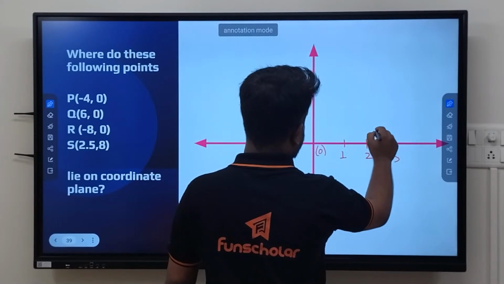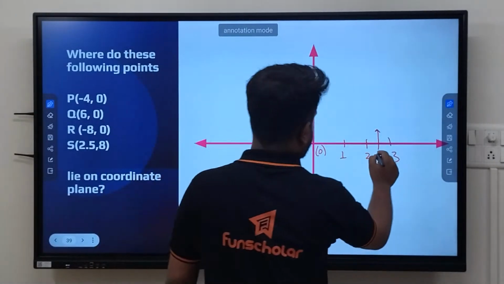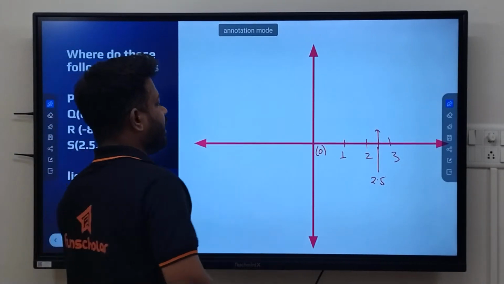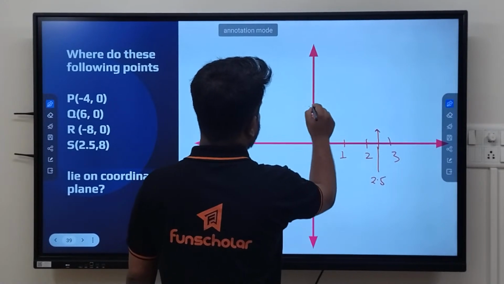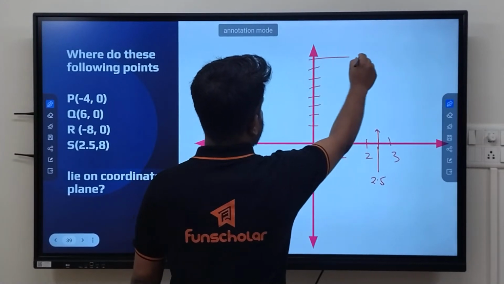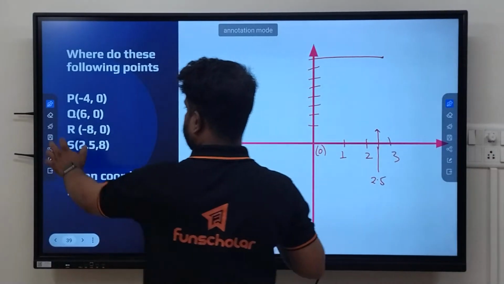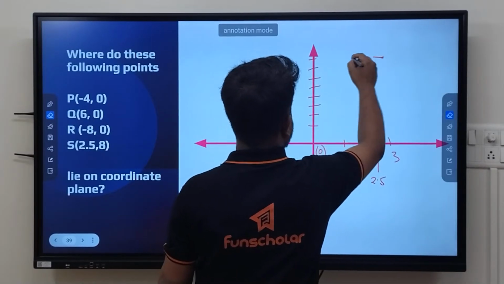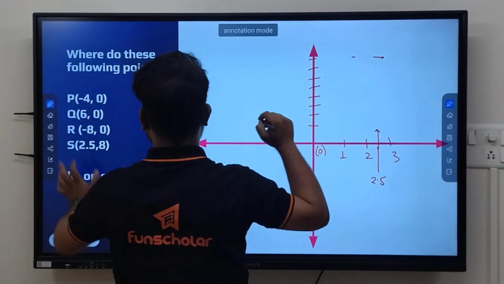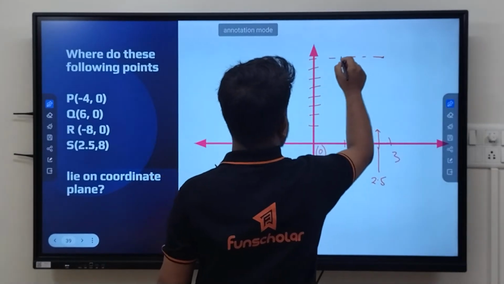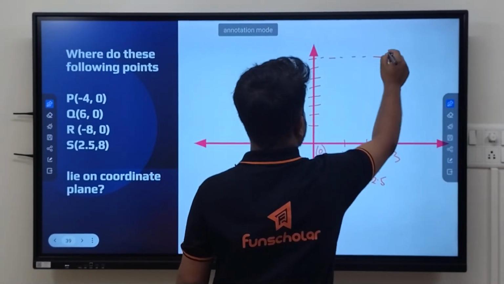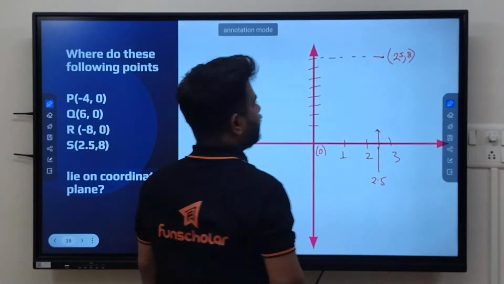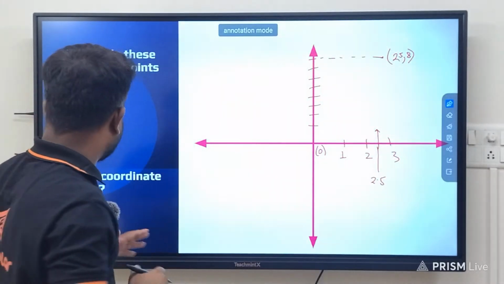So 2.5 will be in the position like this, and in the upper position like 1, 2, 3, 4, 5, 6, 7, 8. The position will be like this, so the point will stay here.